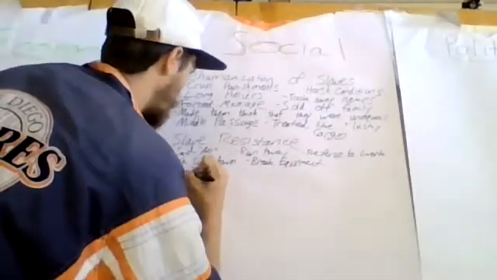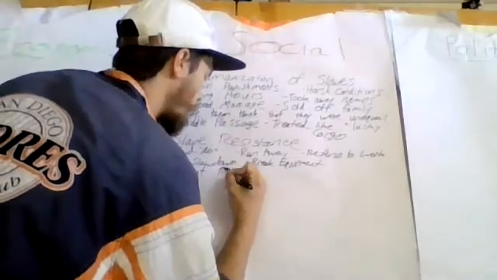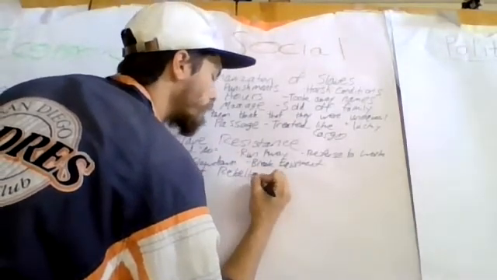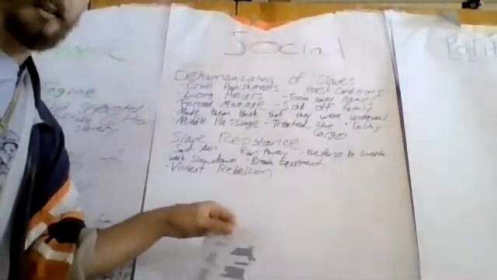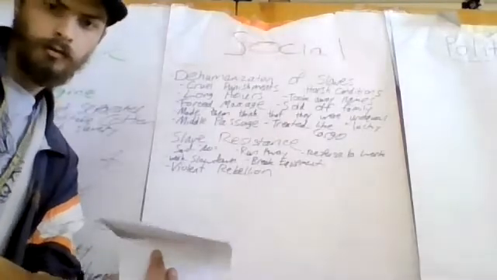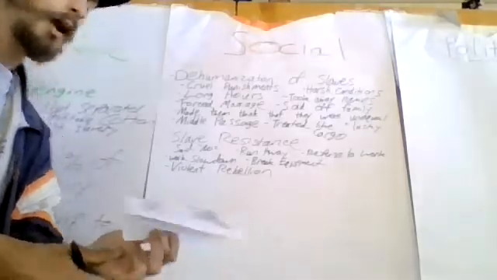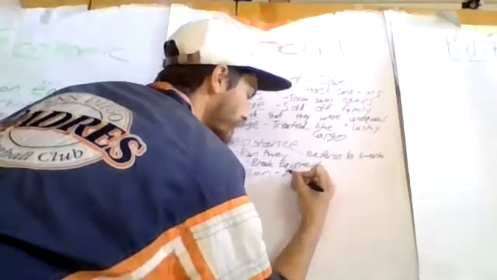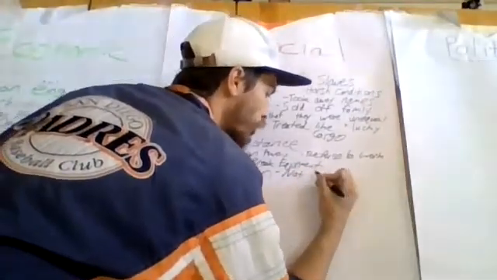What about violent rebellion? Can anyone remember the name of the guy that led the big slave rebellion? All right, his name is Nat, like Nathaniel, and then Turner.